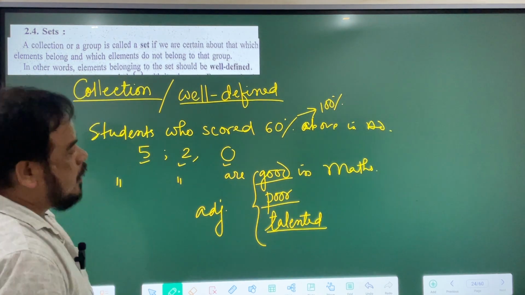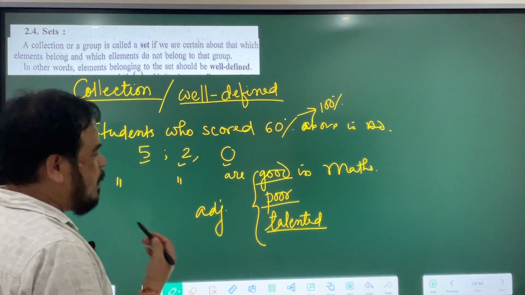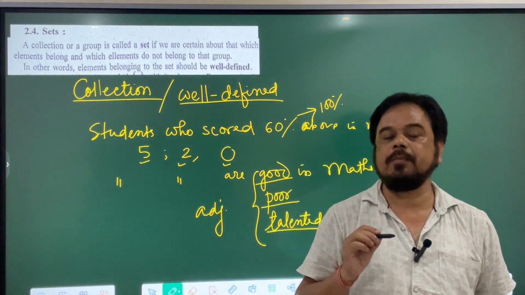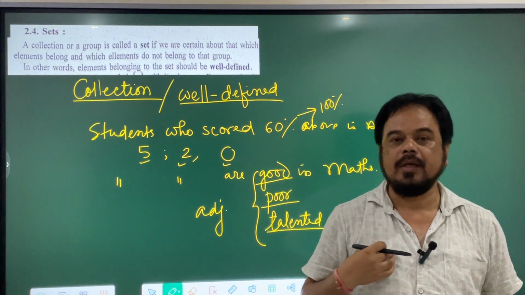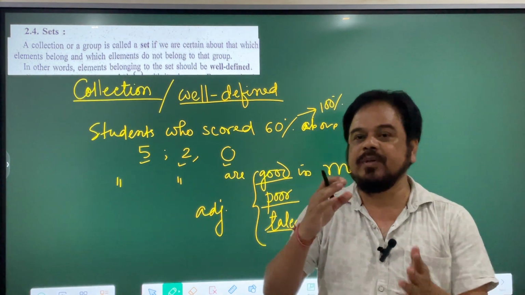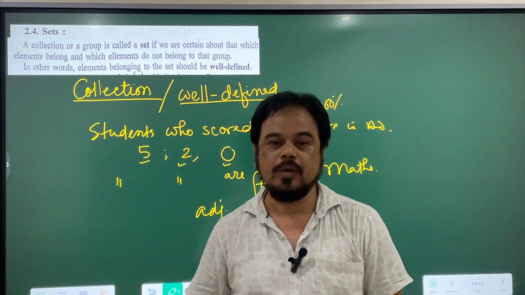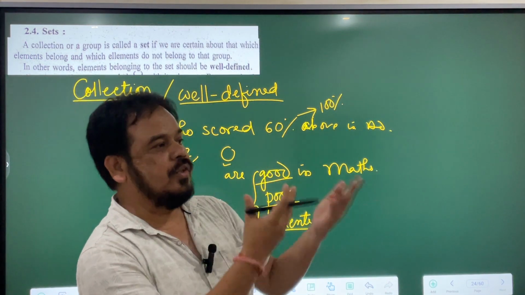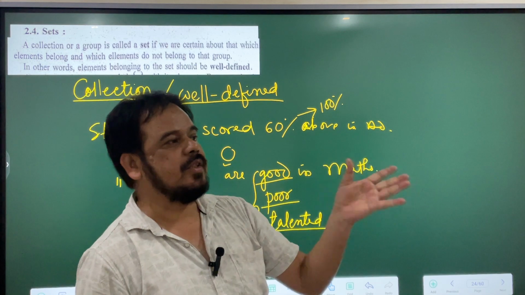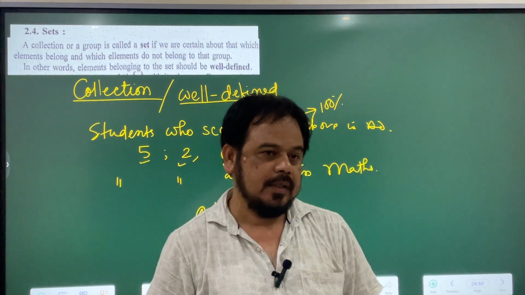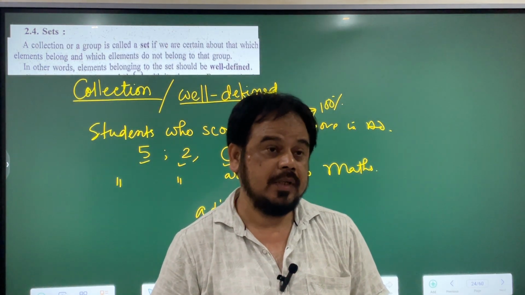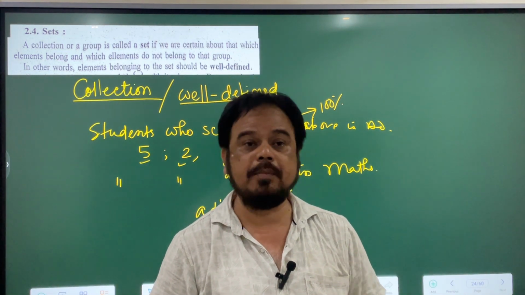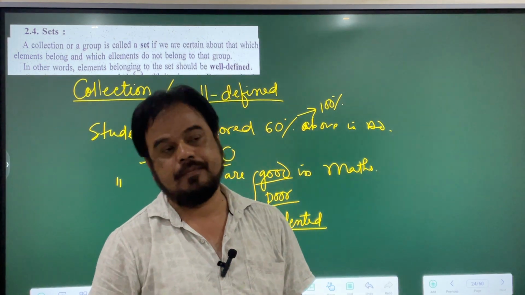Quality can be measured, but there is no fixed measurement. For me, good students may be those who score 50 to 60% in mathematics. For some other teachers, good means 60 to 80%. For some teachers, students who scored 80 to 90% in mathematics may be good. So there is no fixed definition.